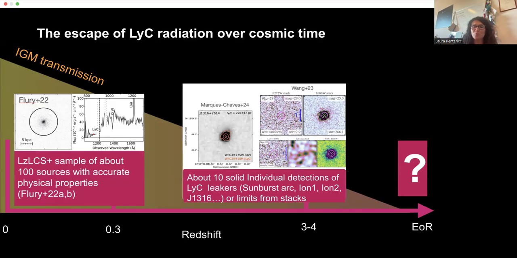So as I told you, we give names because there are so few. One is, for example, the Sunburst arc, which is a very famous lensed source. And then we have, of course, limits from the stacking analysis. And then we have this big question mark in the epoch of ionization. And so tomorrow morning, I will tell you the ways we employ to kind of go around this big challenge. And I will stop here.